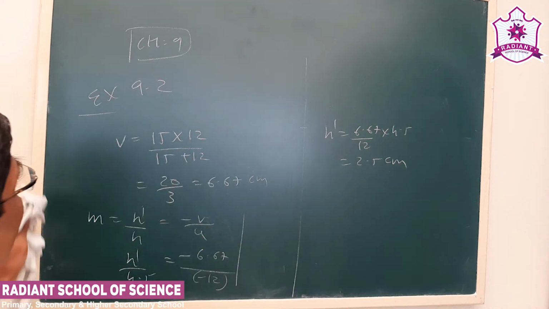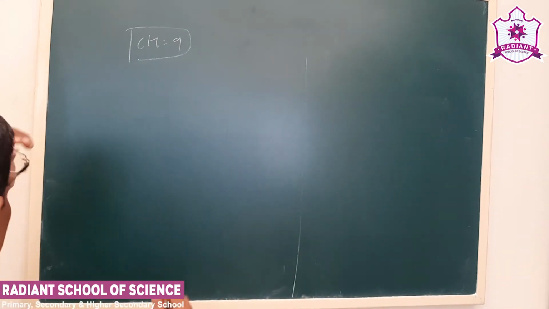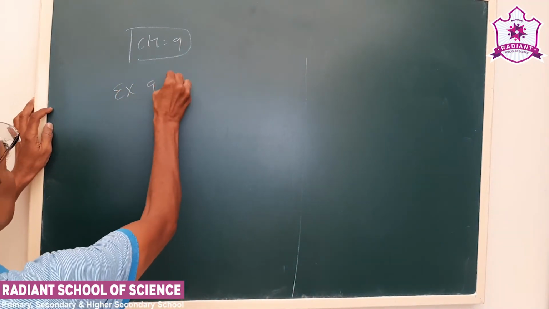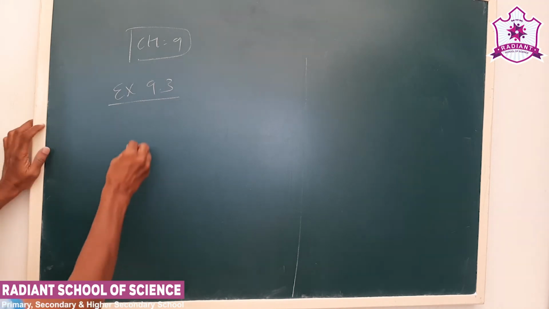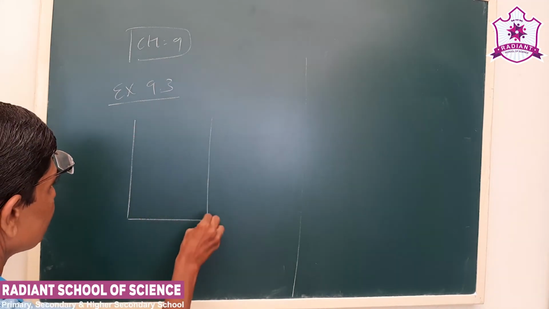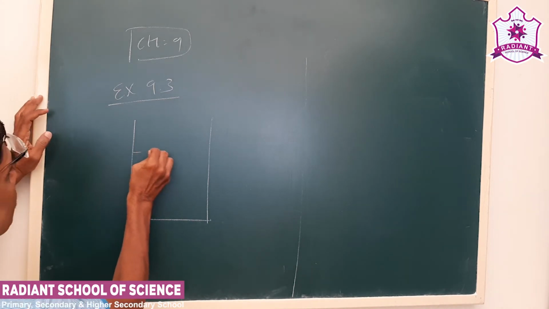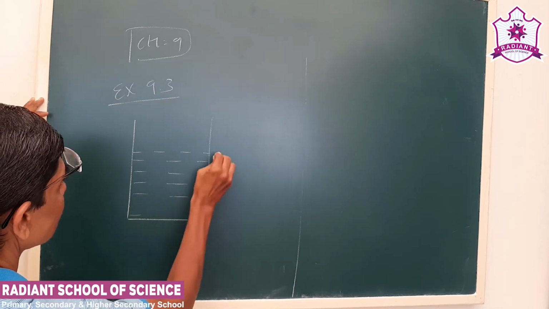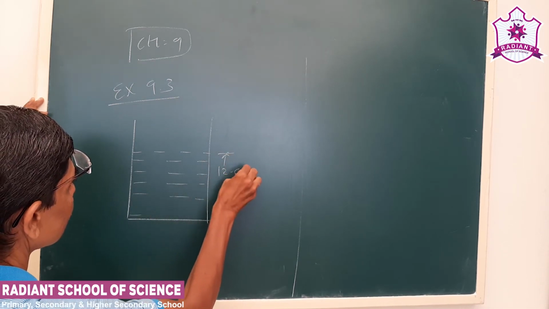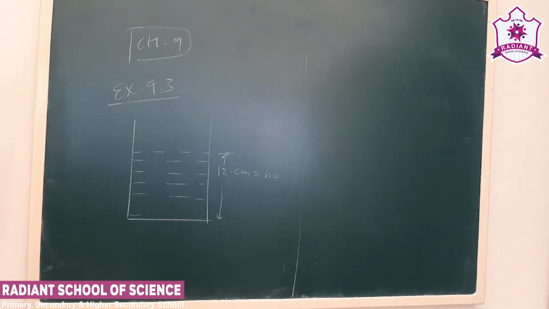Now next we have to see exercise sum number 9.3. Okay, now see, a tank is filled to the height of 12.5 centimeter. Let us say we call it Ho. Okay.